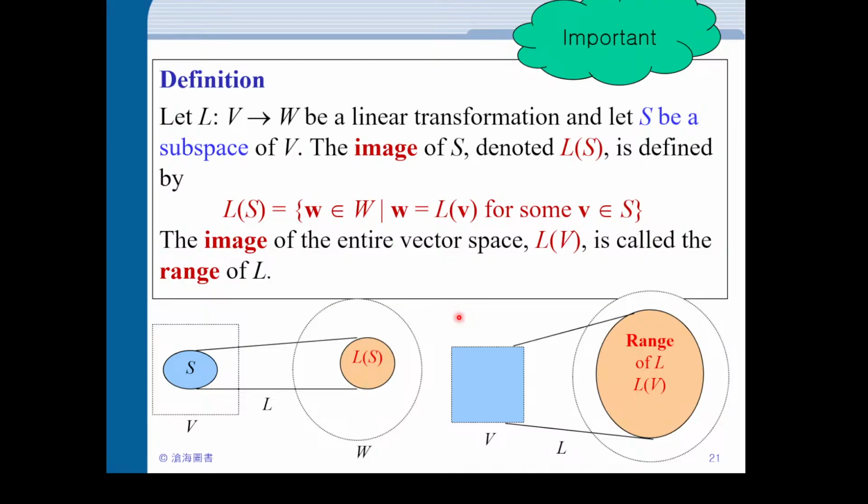So this is the definition of kernel, and there are also two more subspaces that we want to define: image and range.